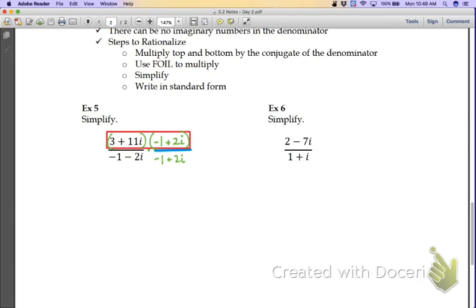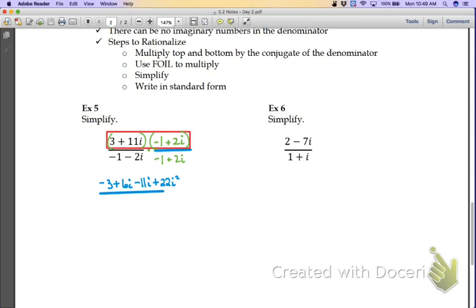I'm going to multiply the top side, and I'm going to have negative 3 plus 6i minus 11i plus 22i squared.